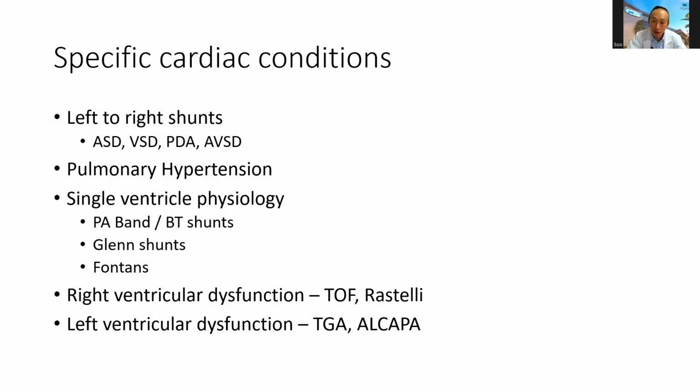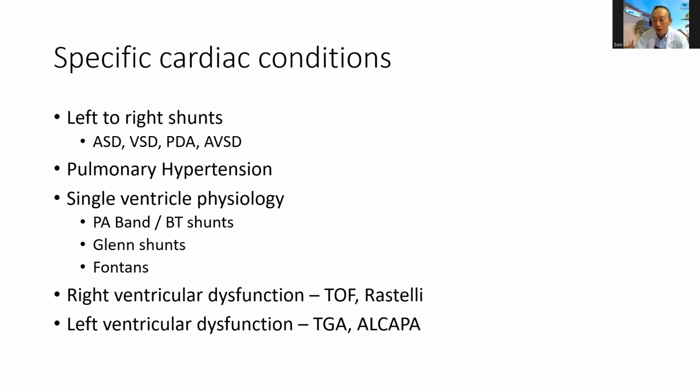Let's say you have a patient whereby the PDA is already very small and the patient is very blue, then I would not give high pressures in the lungs. I will give lower pressures to promote blood flow to the lungs.